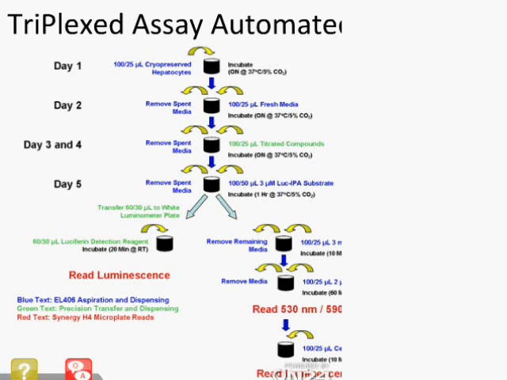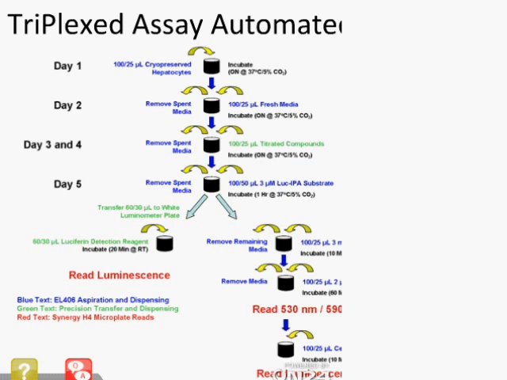And then on day 5, the media again is removed, and this is followed by the addition of the 3A4 luciferin-IPA substrate that Tracy described previously. And again, as mentioned, this is a cell-permeable substrate, so it can get into the cells, be acted upon by the 3A4 enzyme, and then the modified substrate can move back out of the cells into the media.